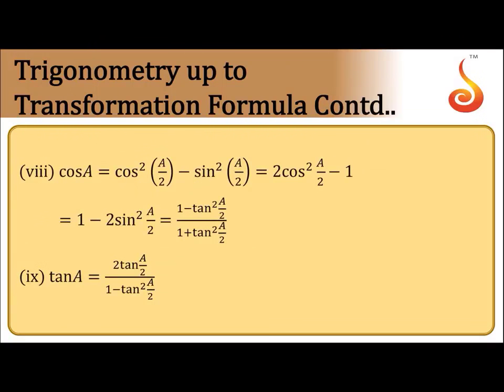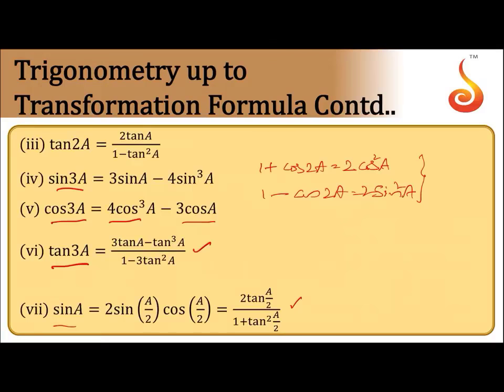And cos A is equal to cos²(A/2) − sin²(A/2), which is equal to 2cos²(A/2) − 1, or 1 − 2sin²(A/2) in terms of sin.